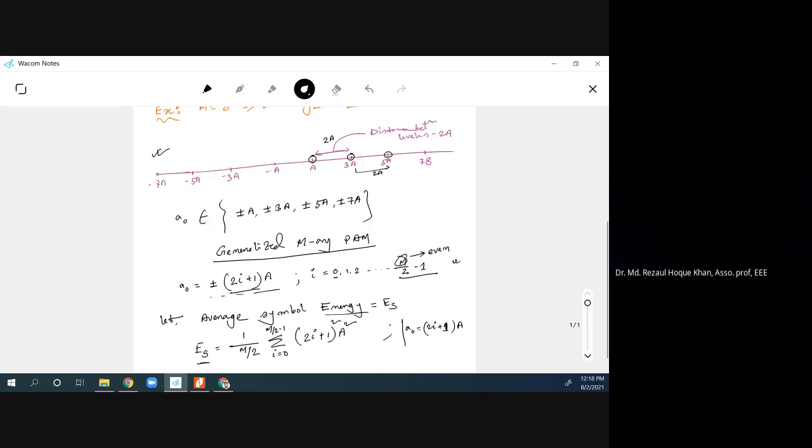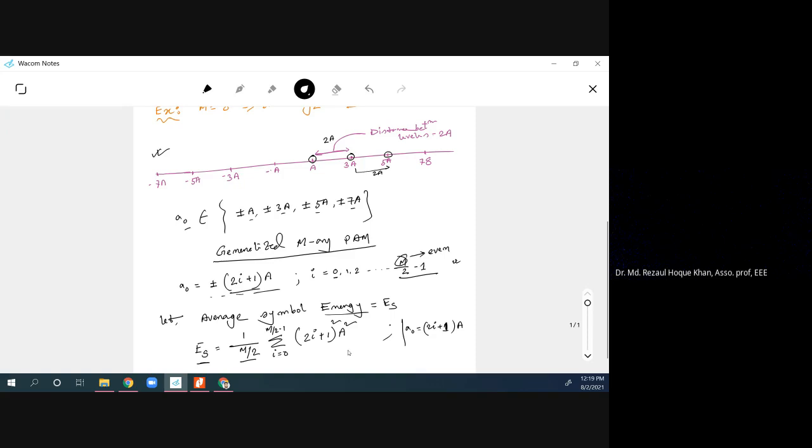Here you see A0 belongs to plus or minus A, plus or minus 3A, plus or minus 5A, plus or minus 7A, because they are in symmetry. That's why M/2.